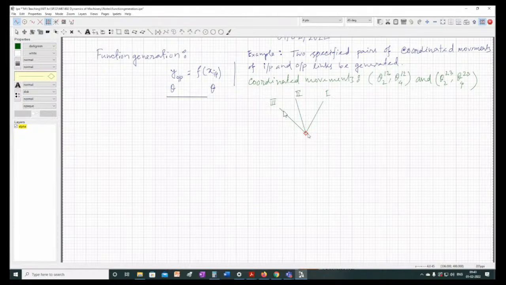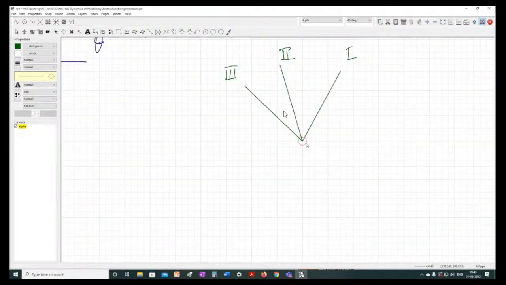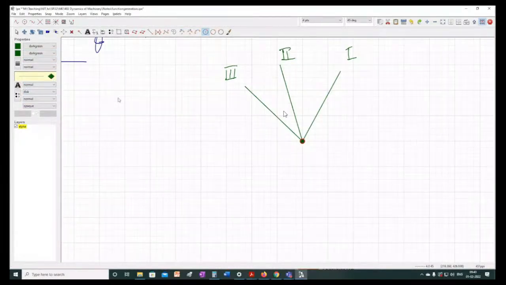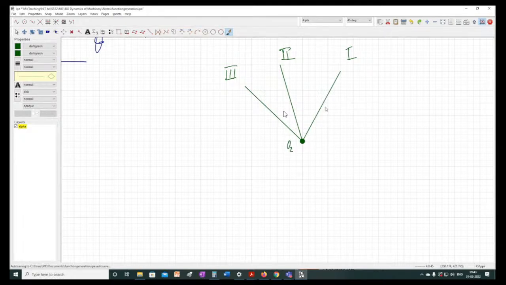This is position 1, this is position 2, and this is position 3. And this is the point which we'll call O2. This is our O2 point. This crank is moving from this position to this position and this position.